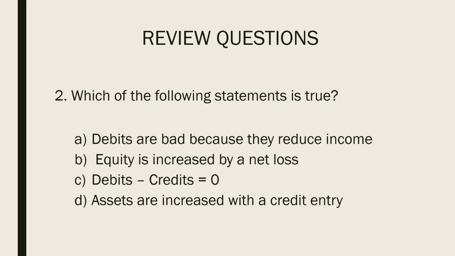That's actually not true, right? A profit increases equity. And lastly, assets are increased with a credit. That's obviously wrong. So yes, C is correct because the concept is that debits must equal your credits. If you subtract your credits, it should equal 0.